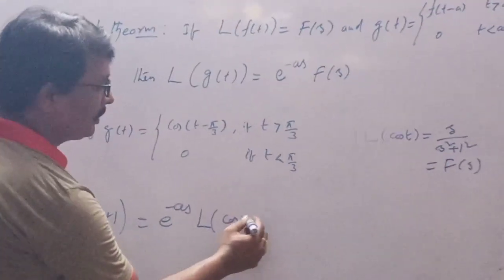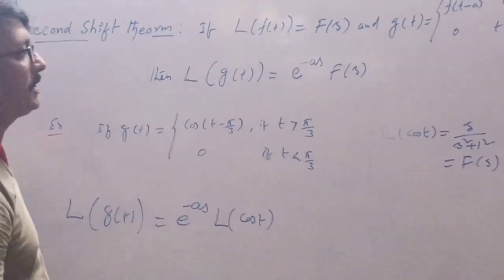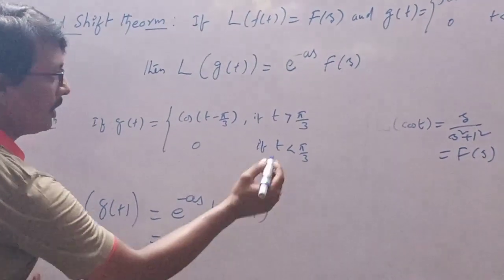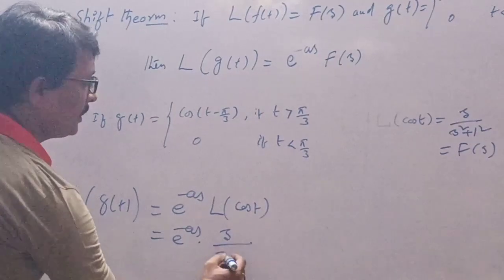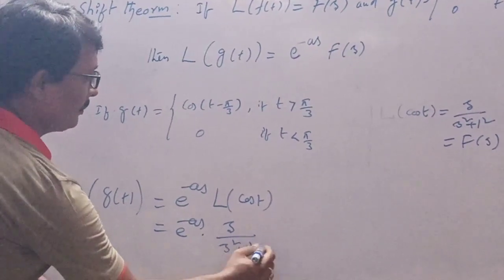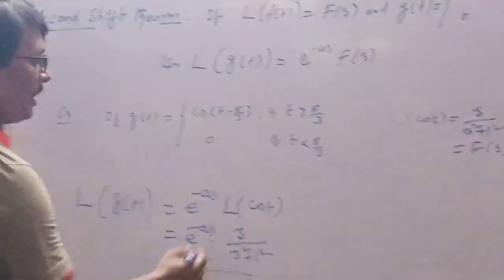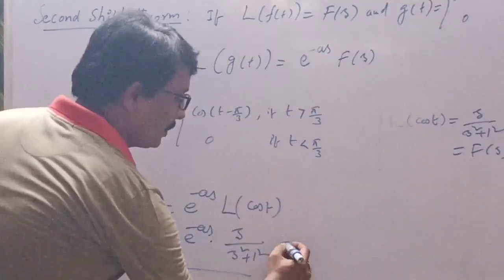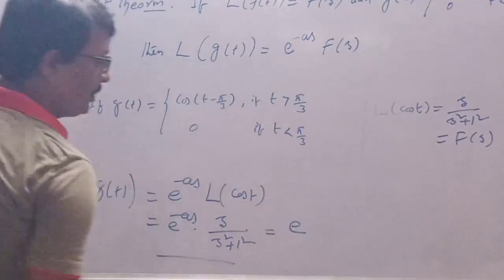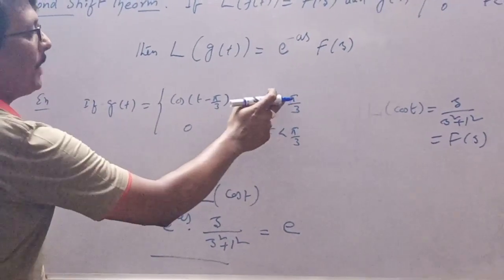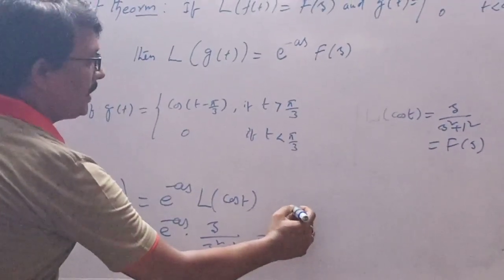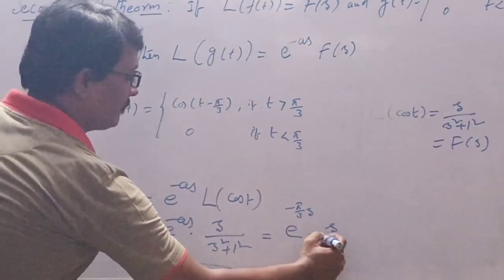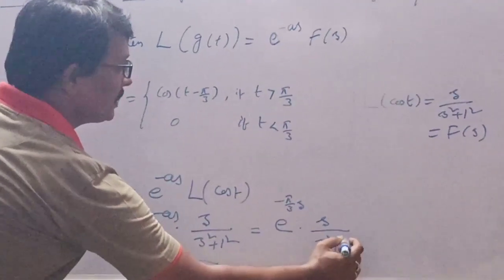The Laplace transformation of cos t is s by s square plus 1 square, so the required Laplace transformation of g of t is e to the power of minus as into s by s square plus 1, where a is pi by 3.